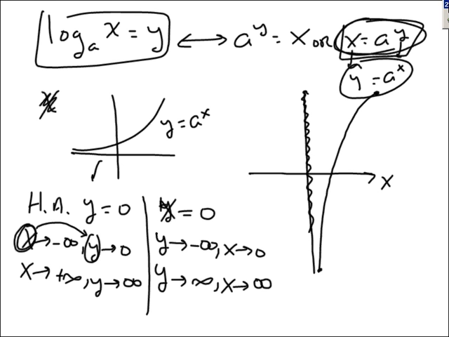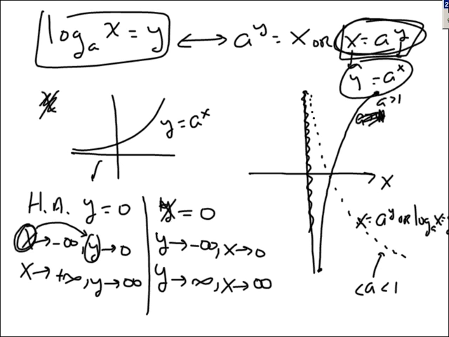This is x equals a to the y, also known as log base a of x equals y. Or it goes like that, depending upon whether a is bigger than 1. I meant to say bigger than 1. For this graph, a is less than 1 but positive. It's one of those two graphs.